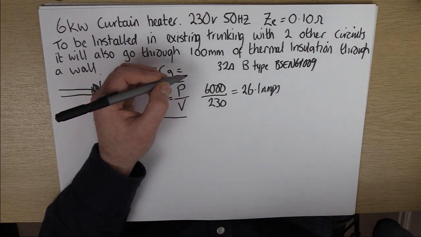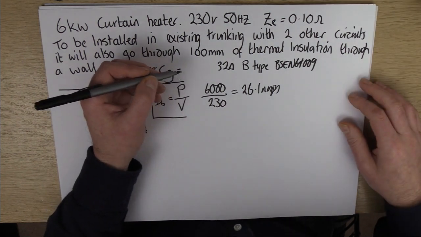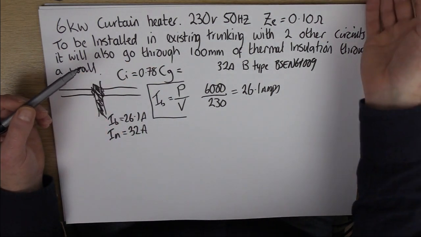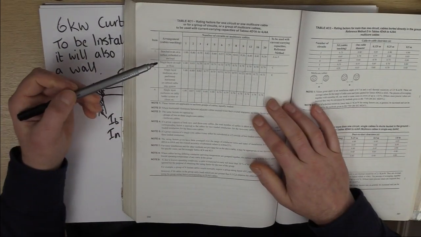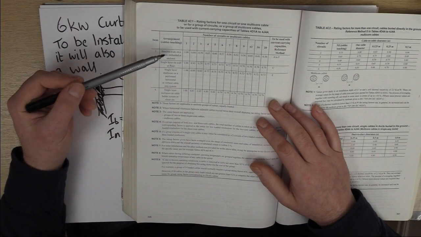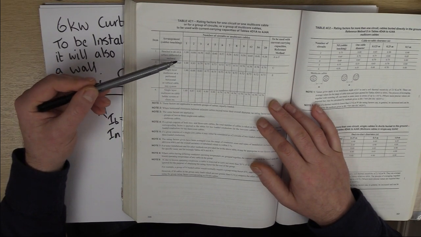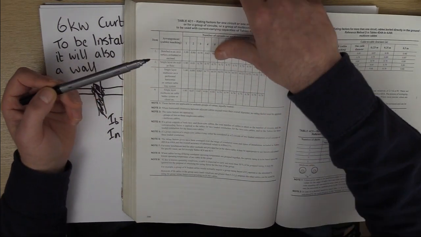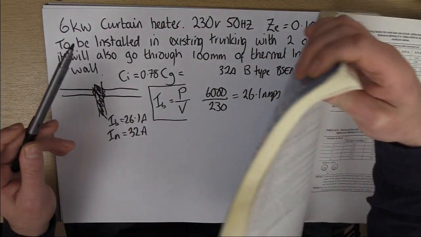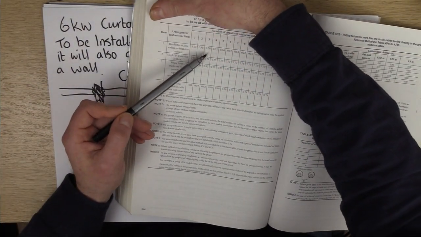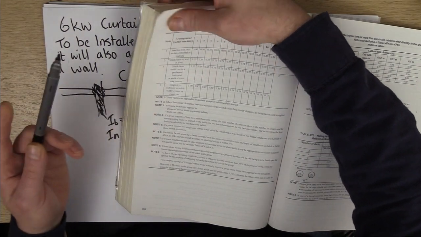It's going to be the same, isn't it? It's 0.7. There we go. So page 396. And we're still bunched in air on a surface embedded or enclosed when trunking. And we've got two other circuits in that trunking, which makes 3. So 0.7 is our number.